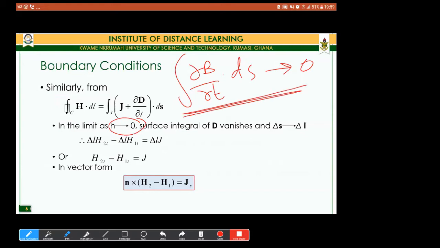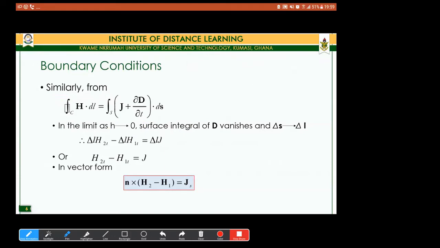The same thing here, the surface integral of D will vanish. And therefore the sum of H·dl, just as we did for E, will be delta L times H2T minus delta L times H1T. Remember the direction.